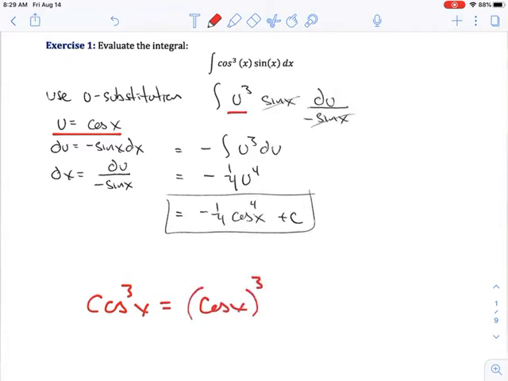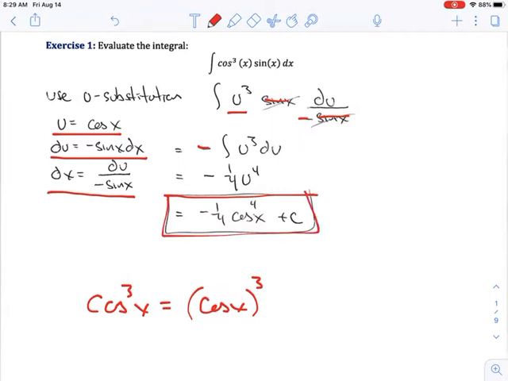And so the derivative of cosine is negative sine of x dx. And so solving that for dx, we have du over negative sine of x. Substituting everything in, sines cancel out, that negative comes out in front. And so we just have a straightforward U substitution problem. Substituting back in what U is equal to, we have this.